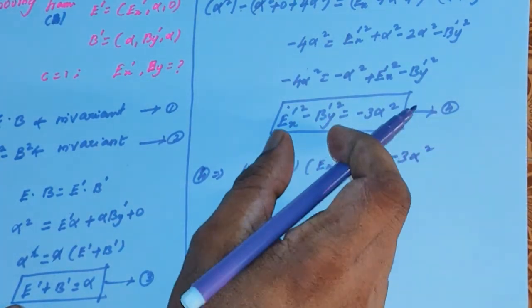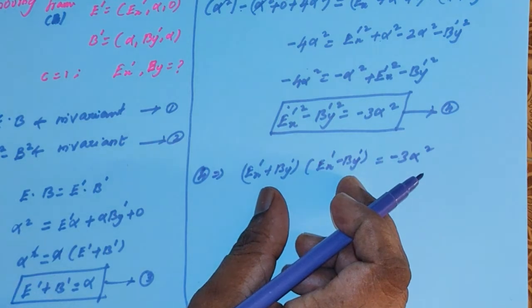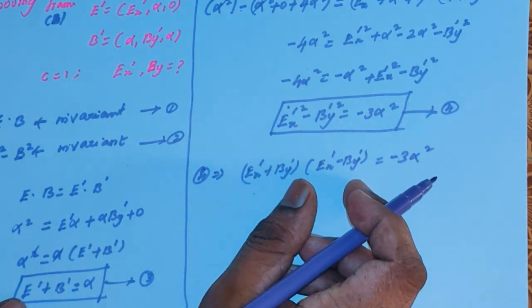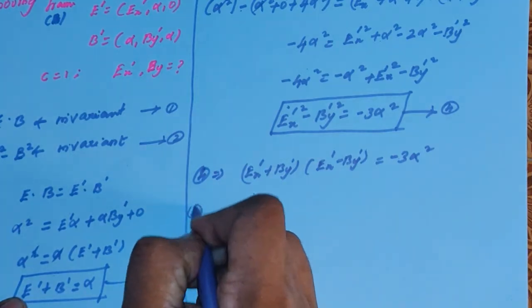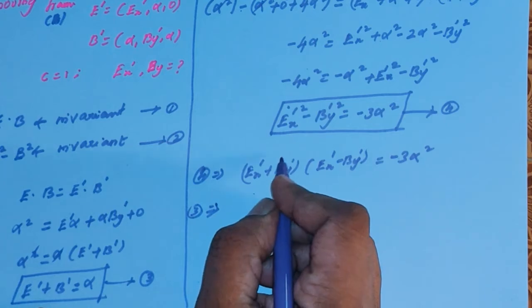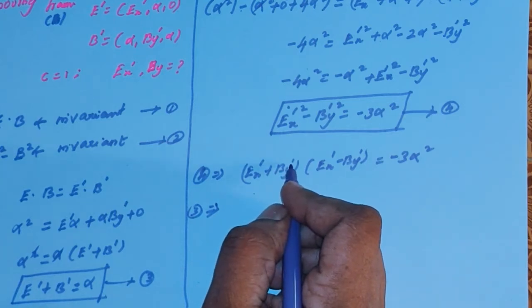So we are just expanding. Already we know what Ex plus By is, from equation number 3, so from 3 we are going to substitute the Ex prime plus By prime.